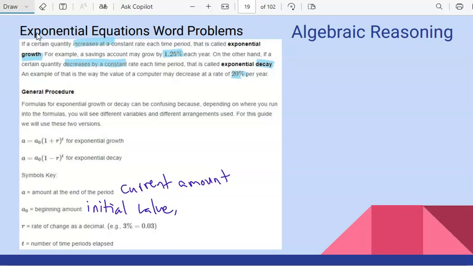For example, 3% is 0.03 in standard form. The rate is positive if it's a growth, and it's negative if it's a decay. And then t is the number of time periods elapsed.